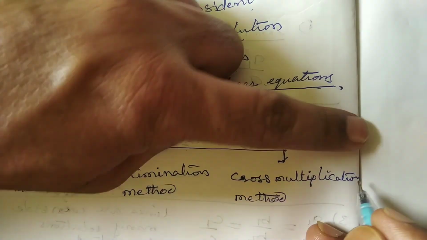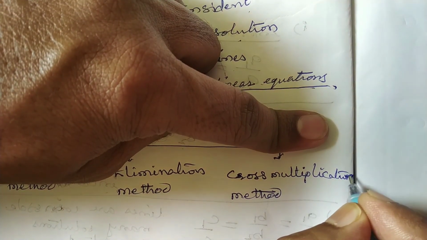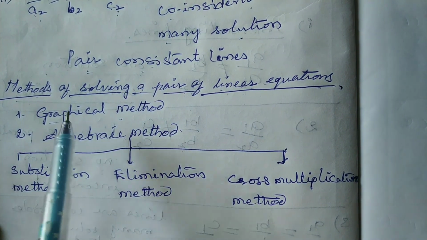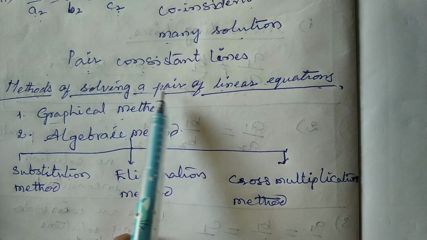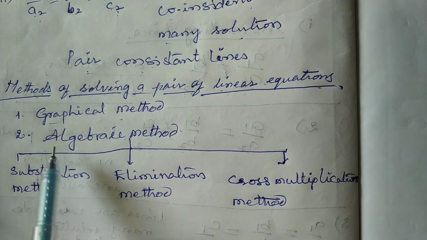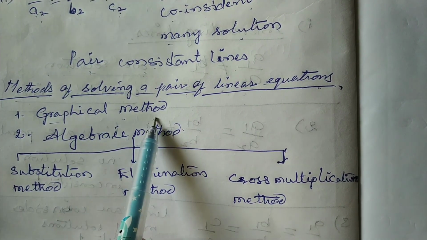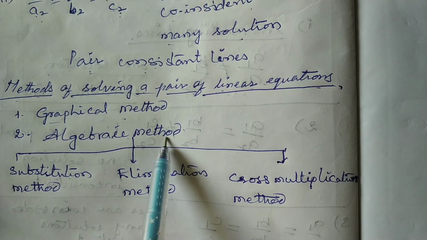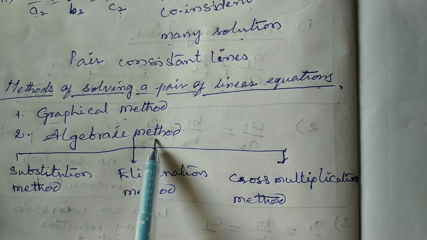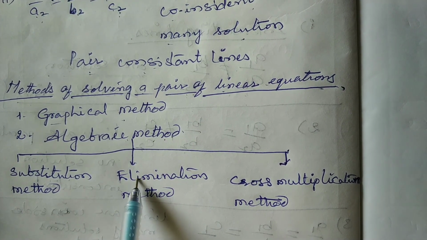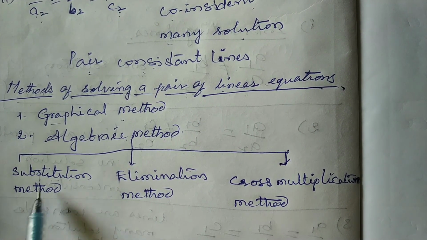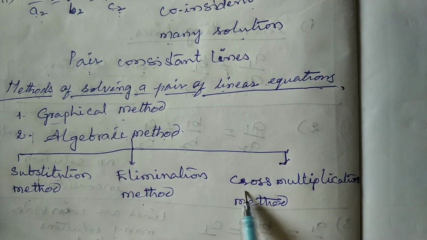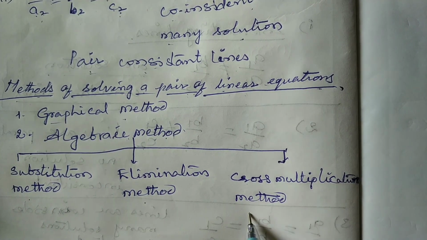So the methods of solving a pair of linear equations are of two types. One is the graphical method, and the second one is the algebraic method. In the algebraic method, again we have three types. One is the substitution method, the second one is the elimination method, and the third one is the cross multiplication method.